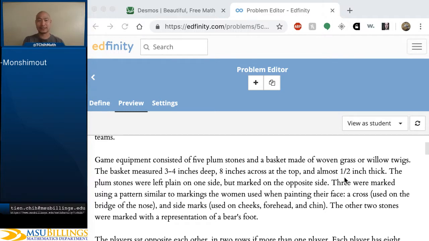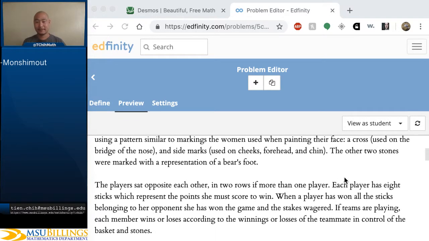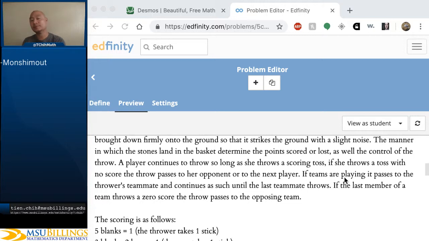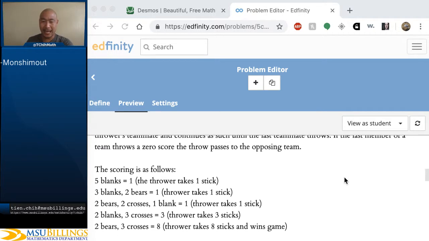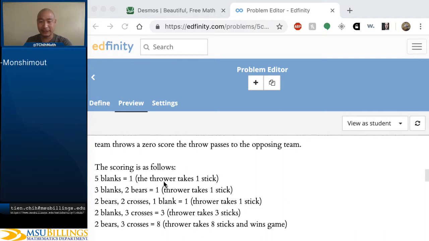So you have blanks on one side, and on the others, three crosses, two bear's foot. You throw the stones, and if they come up with these configurations, you get some number of sticks or points. So five blanks, three blanks, two bears, two crosses, a blank, two blanks, three crosses, two bears, three crosses.